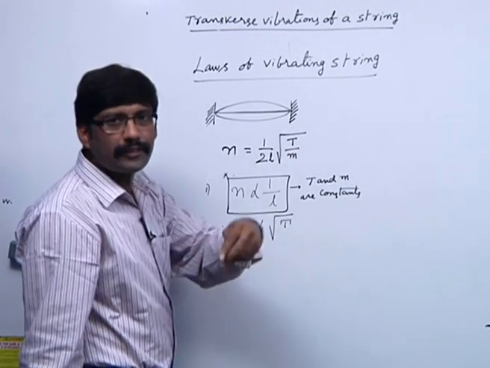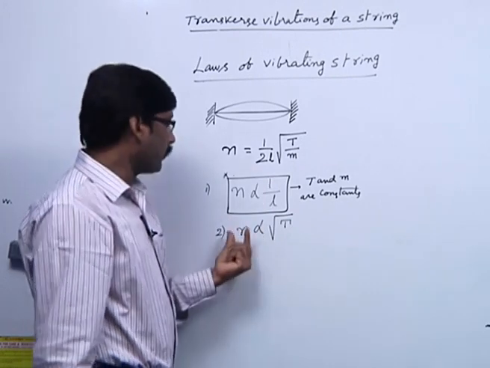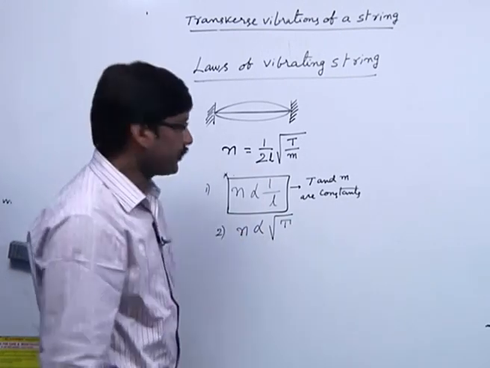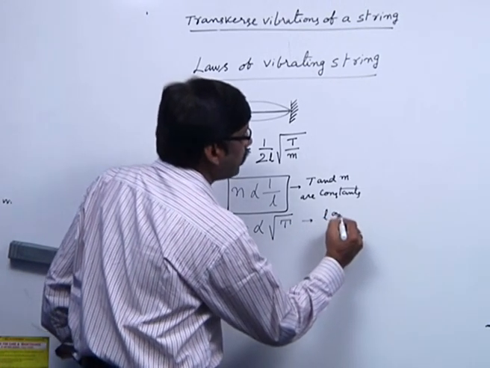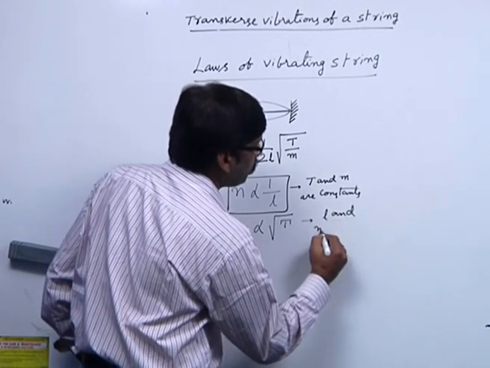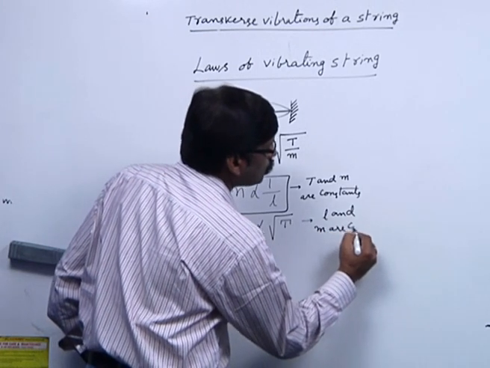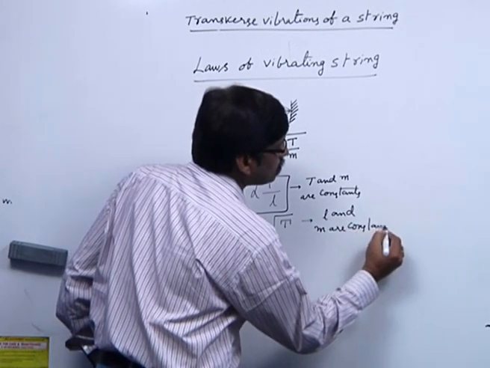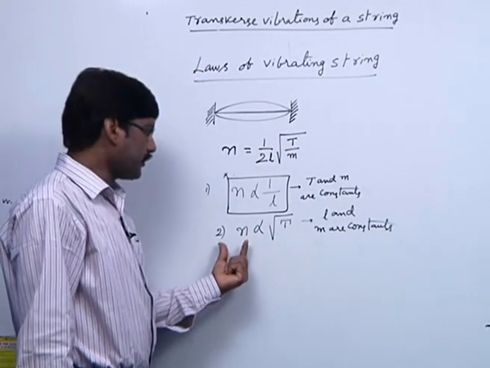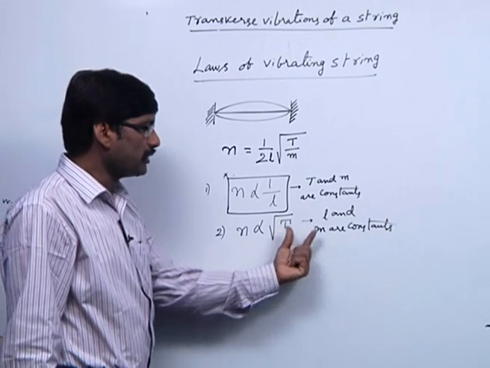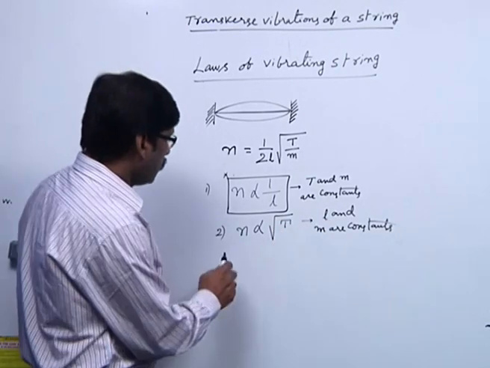That is, if tension is increased by 4 times, frequency is increased by 2 times, provided L and M are constants.